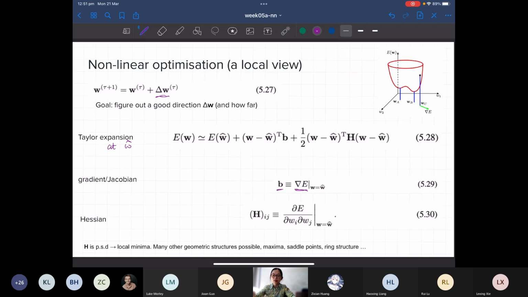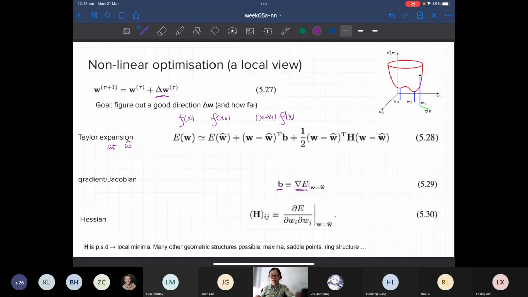So in calculus, you have essentially f of x naught, f prime of x naught, and x minus x naught, something like that. What we're staring at is simply the vector version of that. And the Hessian is a matrix.